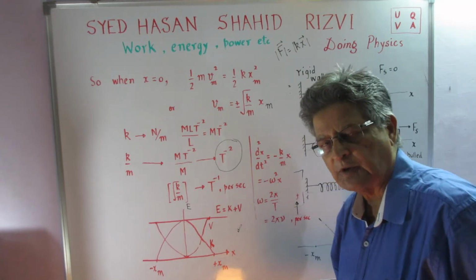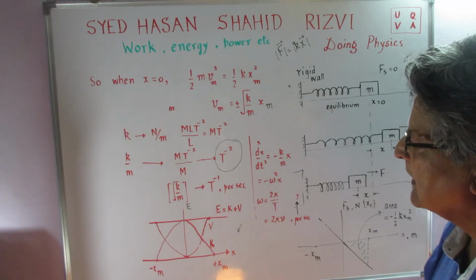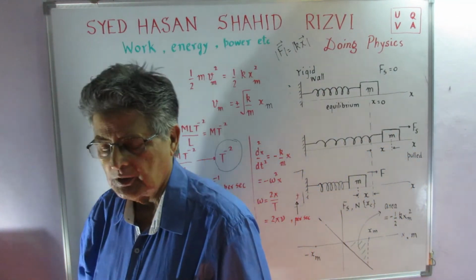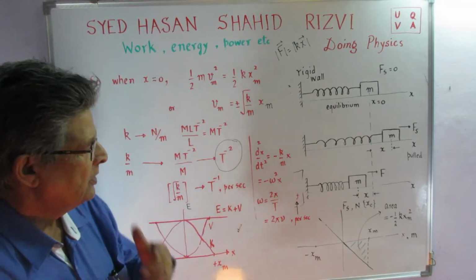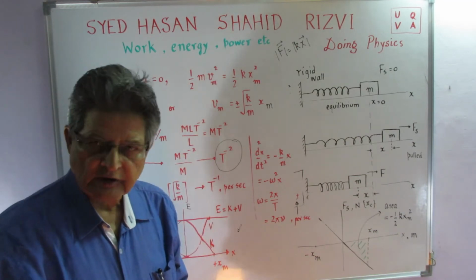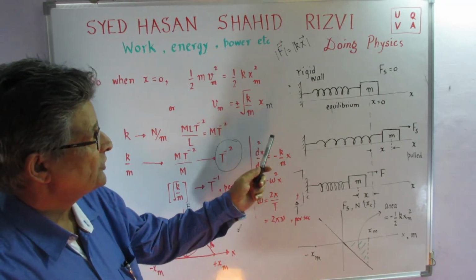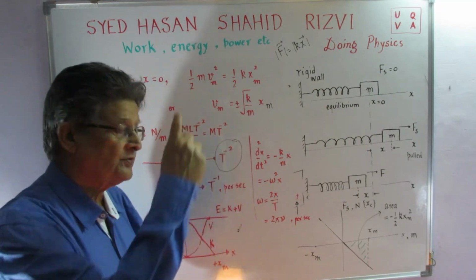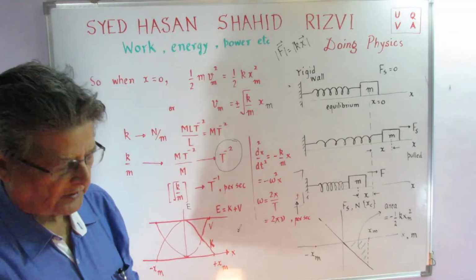So I have established in due course of time that the law of conservation of mechanical energy is applicable to systems which subscribe to the condition of central forces, conservative forces, and conservative forces we have over here in this condition, as well as in the condition of a ball or body falling freely under gravity.